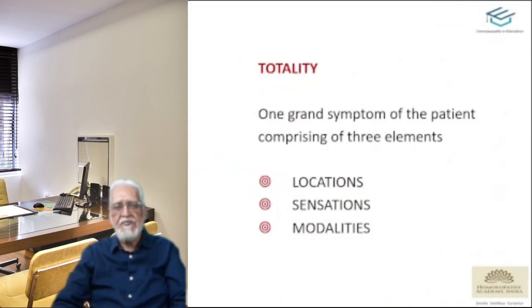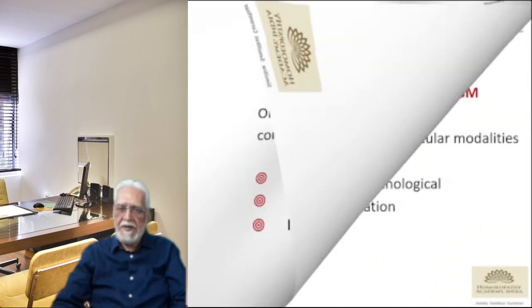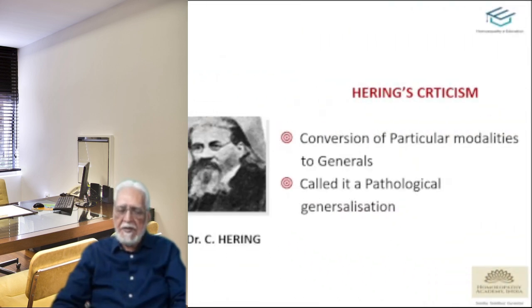According to Boenninghausen, the totality of symptoms was one grand symptom of the patient comprising all the 3 elements, namely all the locations, all the sensations, and all the modalities. Nothing was left out. Two gentlemen criticized Boenninghausen's repertories for different reasons. They were Dr. Hering and Dr. J.T. Kent.